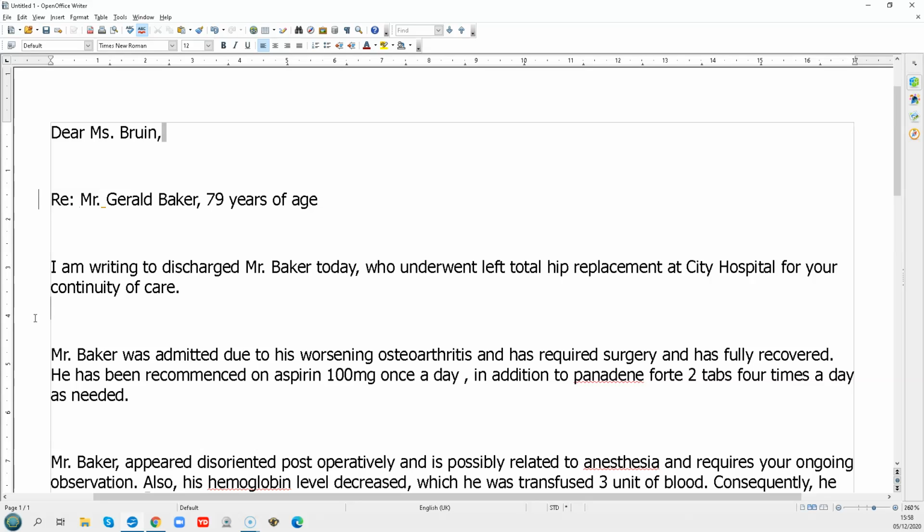All that they would have is a document before them. So what I'm going to do, I'm just going to read this now as if I am the intended recipient. I am Miss Bruin or whoever, and I'm just going to read this and see if it makes sense.